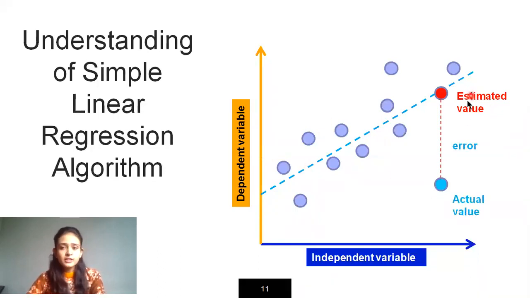So the difference between the estimated value and the actual value is called the error. If you find the value of y based on this regression line, then obviously you will get the value of y on the line. So this is the estimated value of y, and this is the actual value. This is your actual data point, and you got the predicted or estimated data point here on this line. The difference between the two is called the error.